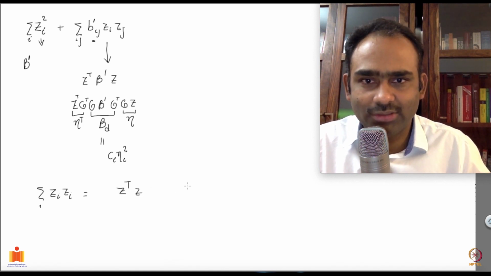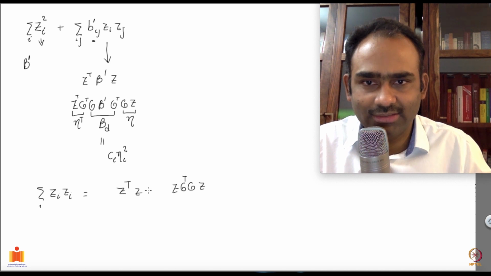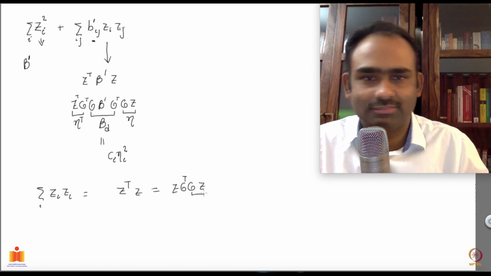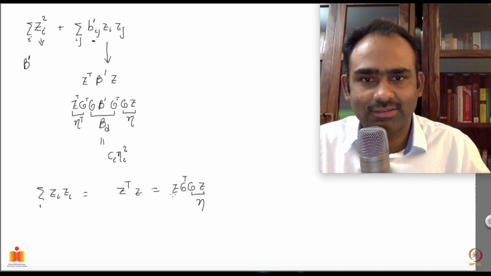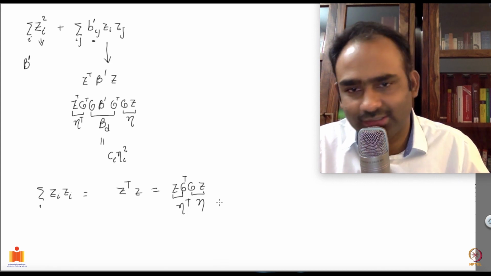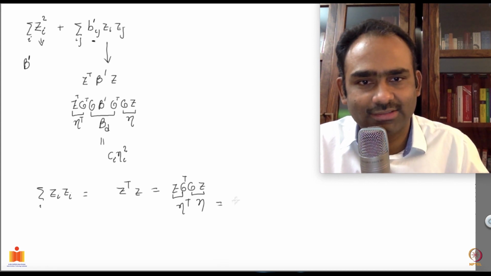We have put O transpose z, and this is what you have called eta. This is eta transpose eta, and you clearly see you don't pick up any coefficients. It just remains eta i squared.